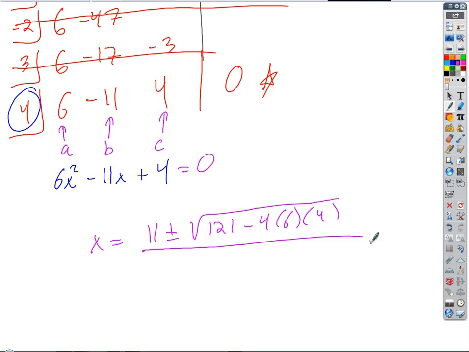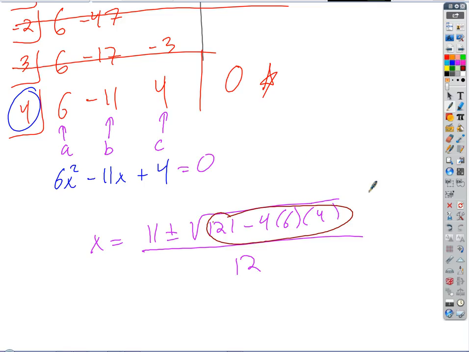2 times 6 is 12. So let's figure out then, what's this number going to be that's inside the radical? We want to figure out what that is. 4 times 6 is what? 24 times 4? 96. So we get 121 minus 96 is what? 25.